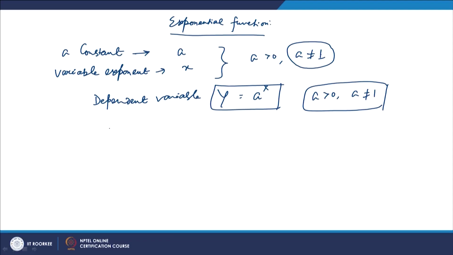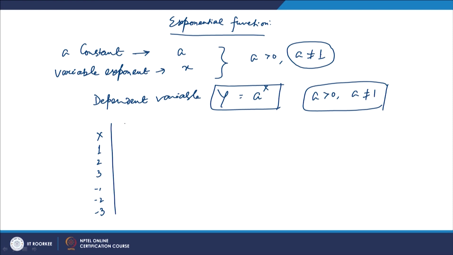Now, if you look at the values, suppose you take the example where x has the value 1, 2 or 3 or -1 or -2 or -3. Suppose you take a as 3 by 2.